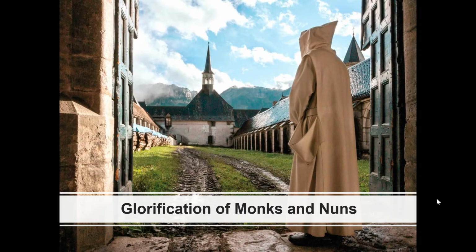Likewise, they glorified monks and nuns because monks and nuns live in a monastery or a convent, and they spend their life in quiet contemplation, and they take a vow of poverty. So they reject a lot of the junk that we do in life. They take a vow of obedience and poverty and chastity, so they're not going to have sexual relationships with anybody.